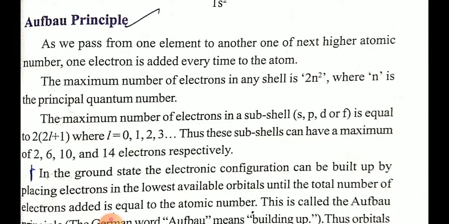This means if the number of the shell is 1, the first shell, then there will be only one subshell in it, that is the s subshell. When n is equal to 2, for the second shell there will be 2 subshells, the s subshell and the p subshell.